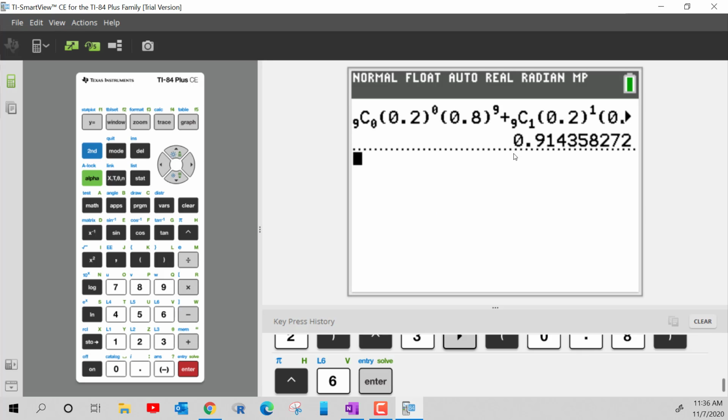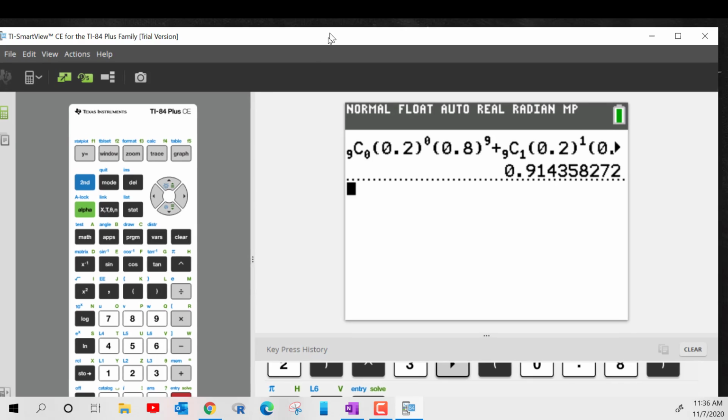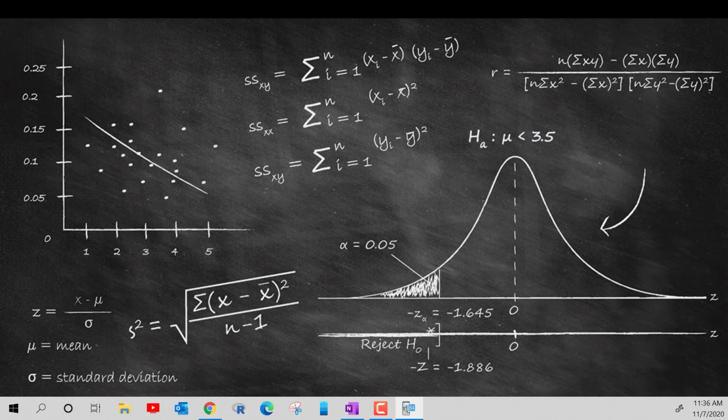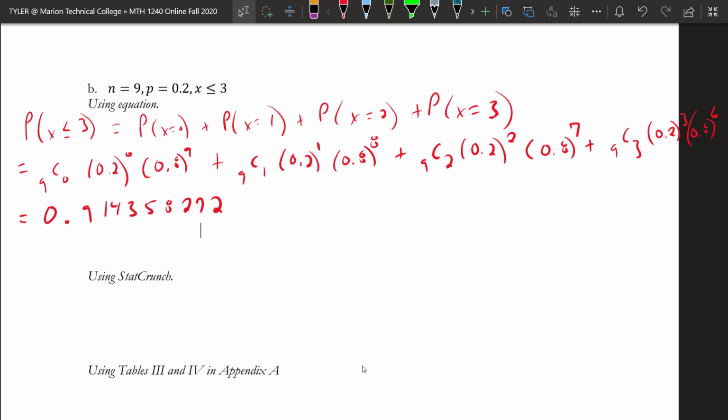Right, hit enter, and that's the value that I just showed you. So you could do it something like that, or use factorials and do it more by hand, like we did in chapter 5.